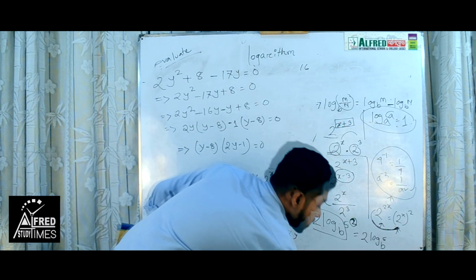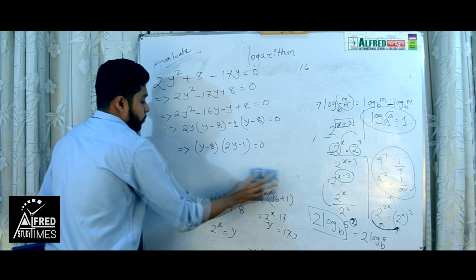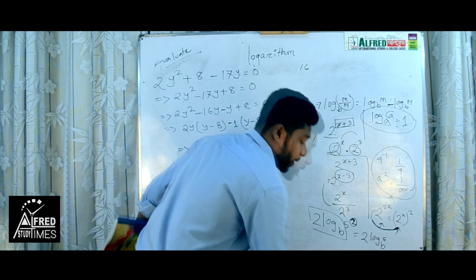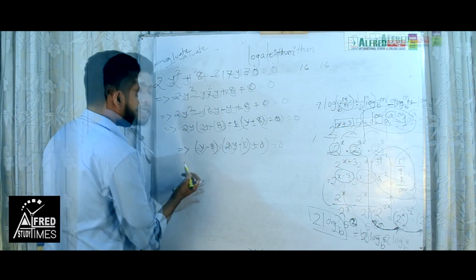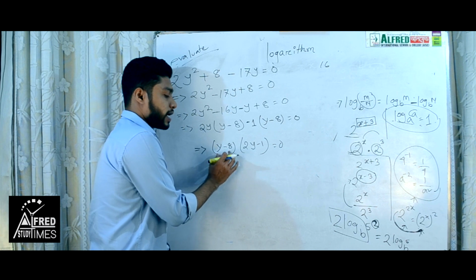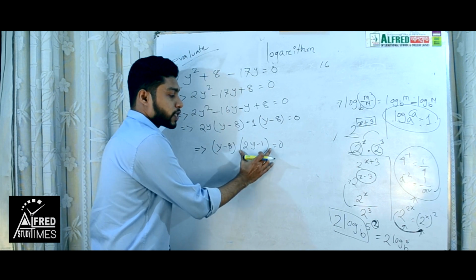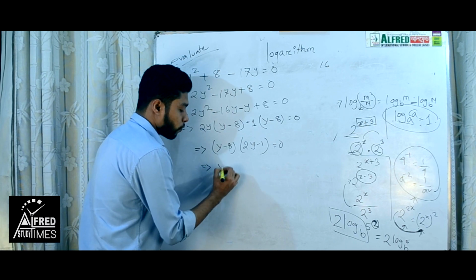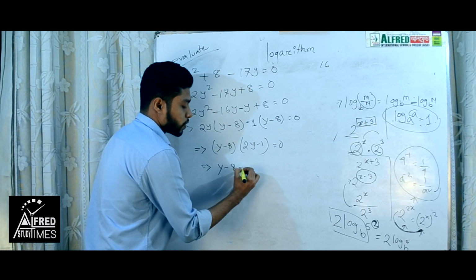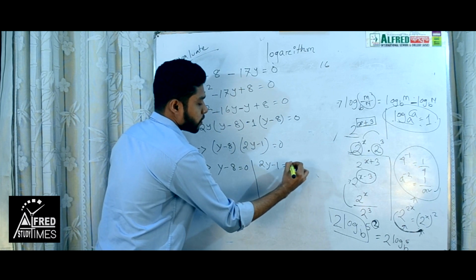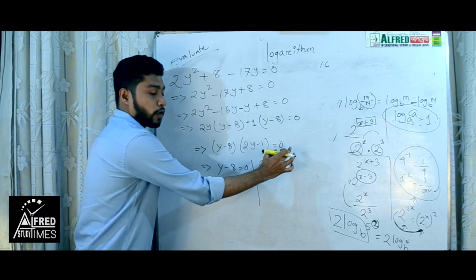So here is the similar part which I did in the previous two maths, and this is my logarithm-based math. Here you can see the individual parts, y - 8 and 2y - 1. Both are different, so we take them individually: y - 8 = 0 and 2y - 1 = 0, because the total is 0.